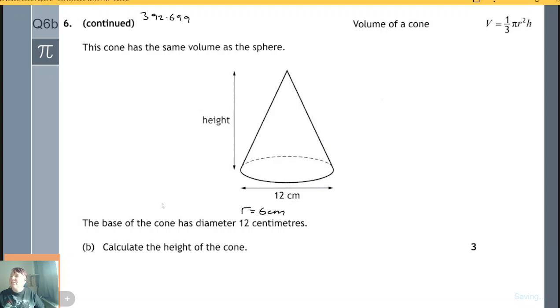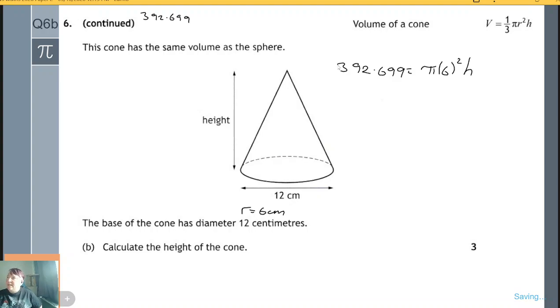To calculate the height of the cone, we've got the volume of the cone formula at the top there. V equals 1/3 pi r squared h. Now we know our volume because he told us it's the same. So we have got 392.699 equals pi, our radius is 6, so it's 6 squared h.